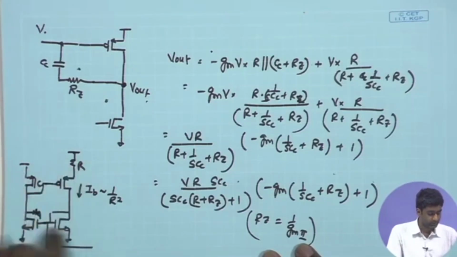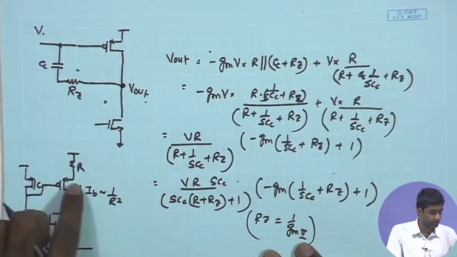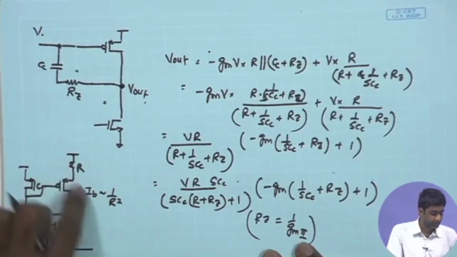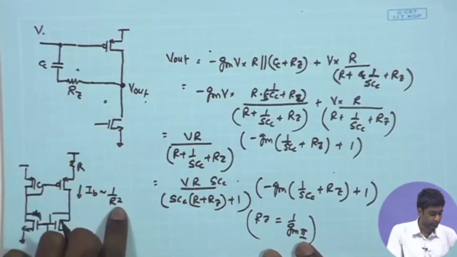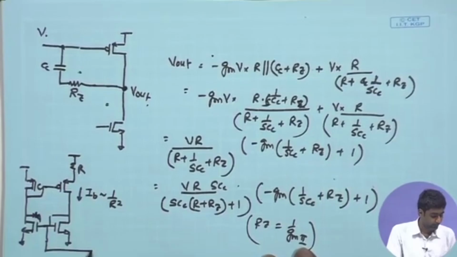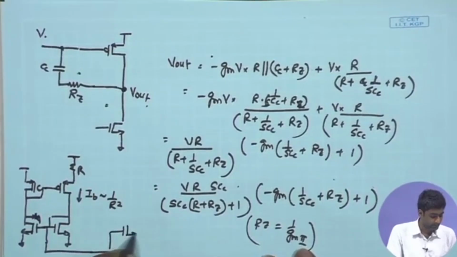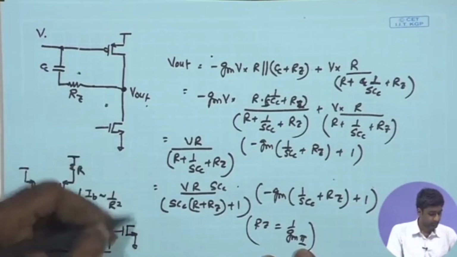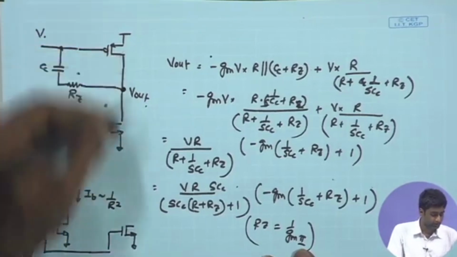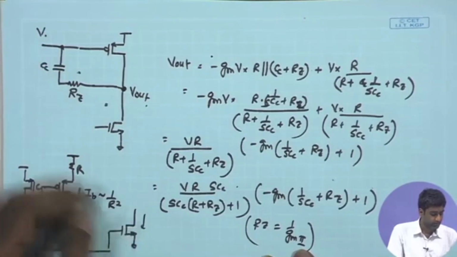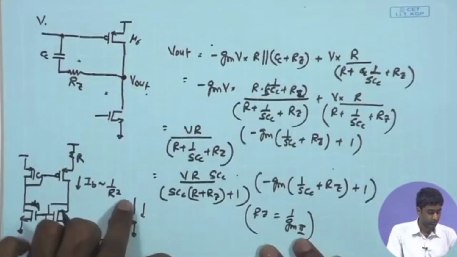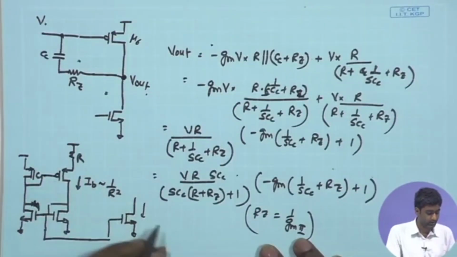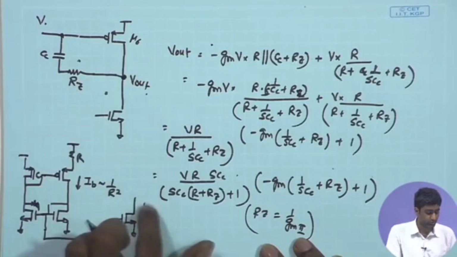We will be using this reference circuit later, and we will be looking at the detailed analysis of this particular block. In this circuit, the bias current provided by the reference branch is proportional to 1 upon R square, and if we can apply this bias current for this output transistor M6, we can make sure that the bias current flowing in M6 is also proportional to 1 upon R square, and we know that the GM of the M6 is going to be proportional to IB.